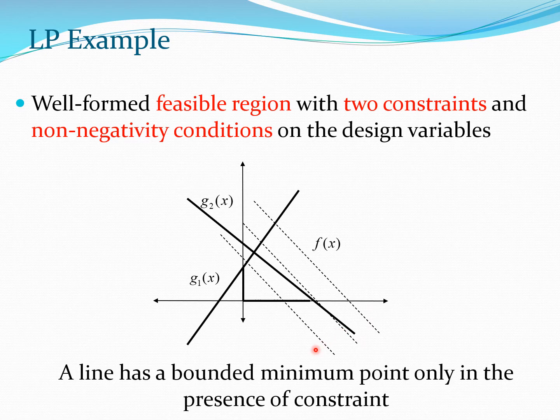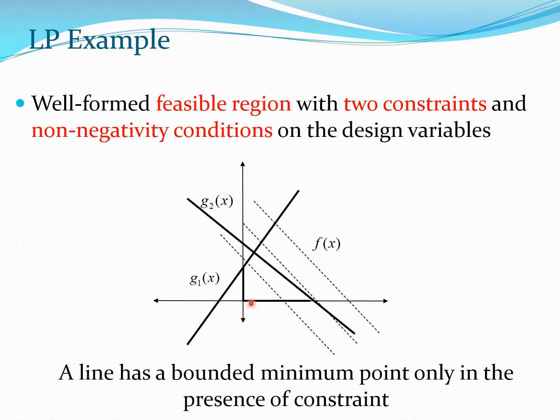So essentially you can keep going down here or up here and there will be so many possible values of this line, and you can see that there is going to be no minimum point as such because these values are going to keep changing.